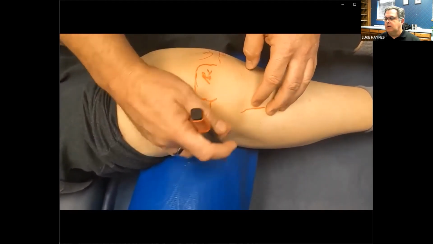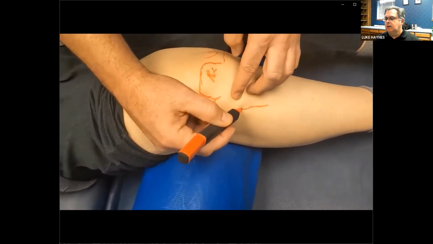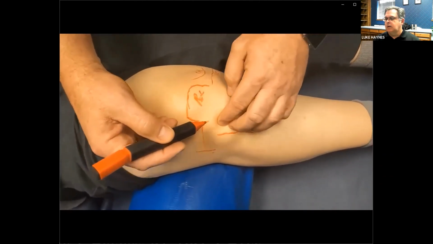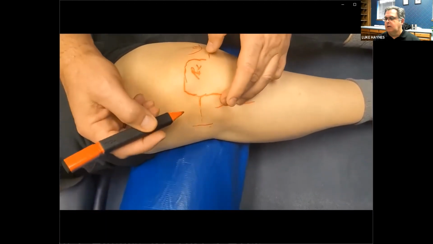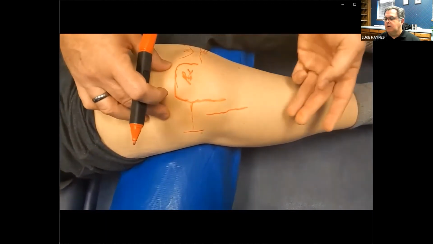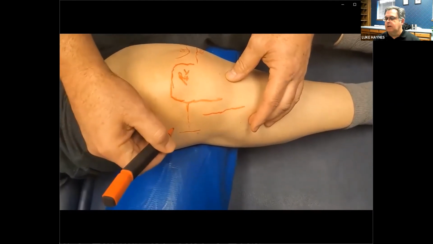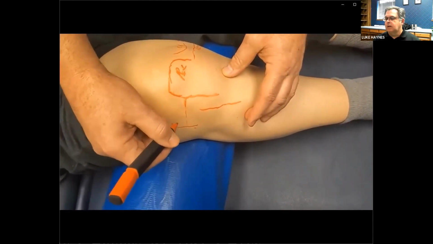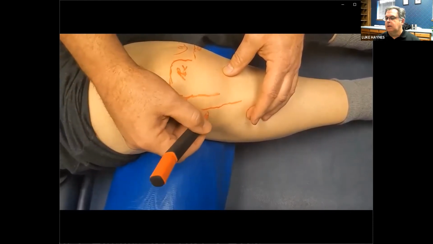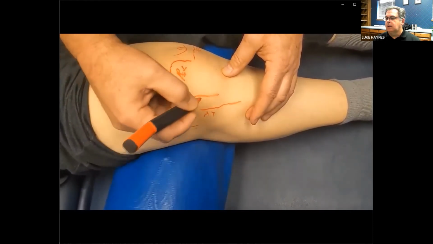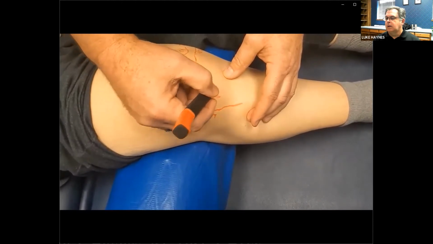So the medial border of anterior tib, it's coming up. And then the lateral border of the patellar ligament. And so off of these, lateral collateral, here's the anterior tib border, and then the patellar ligament there.